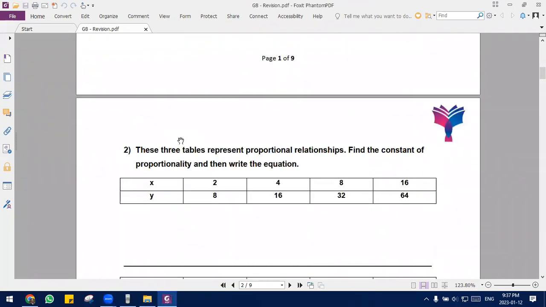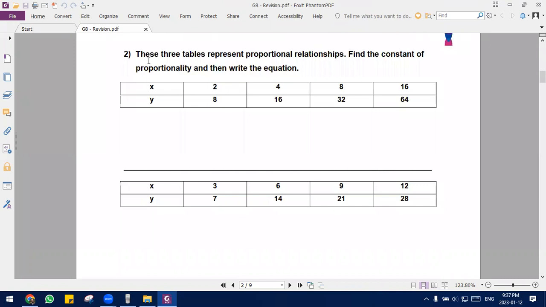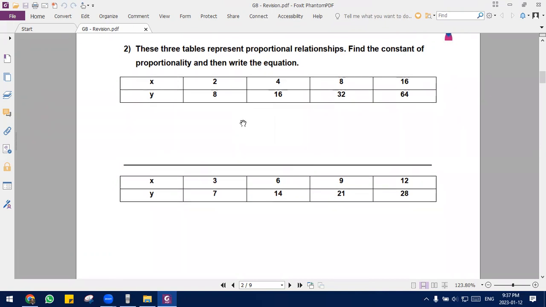Now for the second question. Here it says these three tables represent proportional relationship. So here it's proportional. We need to find the constant, and then we need to write the equation. So first of all, as you know, the constant is k.